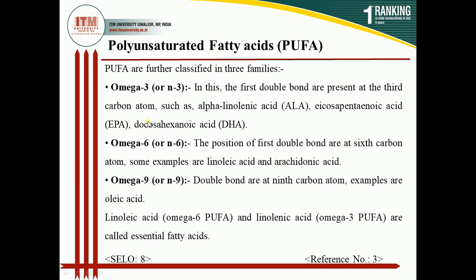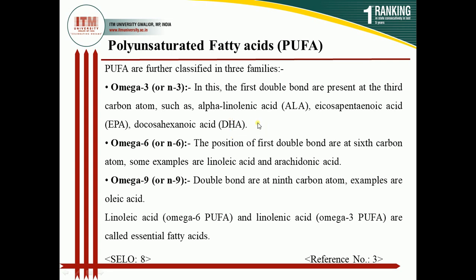The EPA, that is eicosapentaenoic acid, and the DHA, that is docosahexaenoic acid, both are highly enriched in marine sources, that is the microalgae that can produce these two fatty acids, and especially fish such as salmon, sardines, and anchovies.